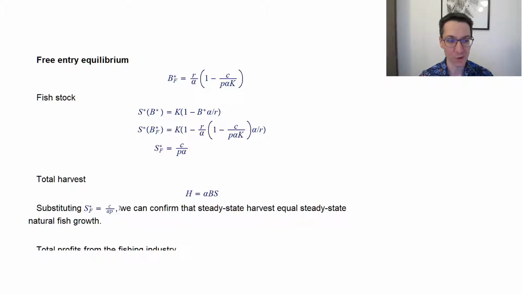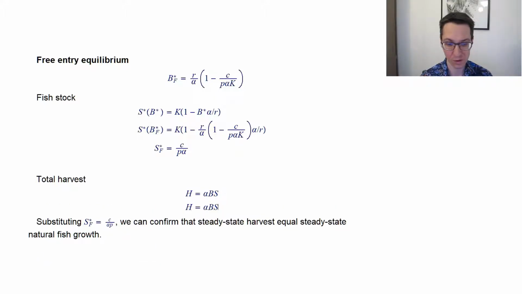So that's for fish stock. Now let's look at total harvest. So we have that the total harvest is defined as alpha BS. So let's do the same exercise as before.